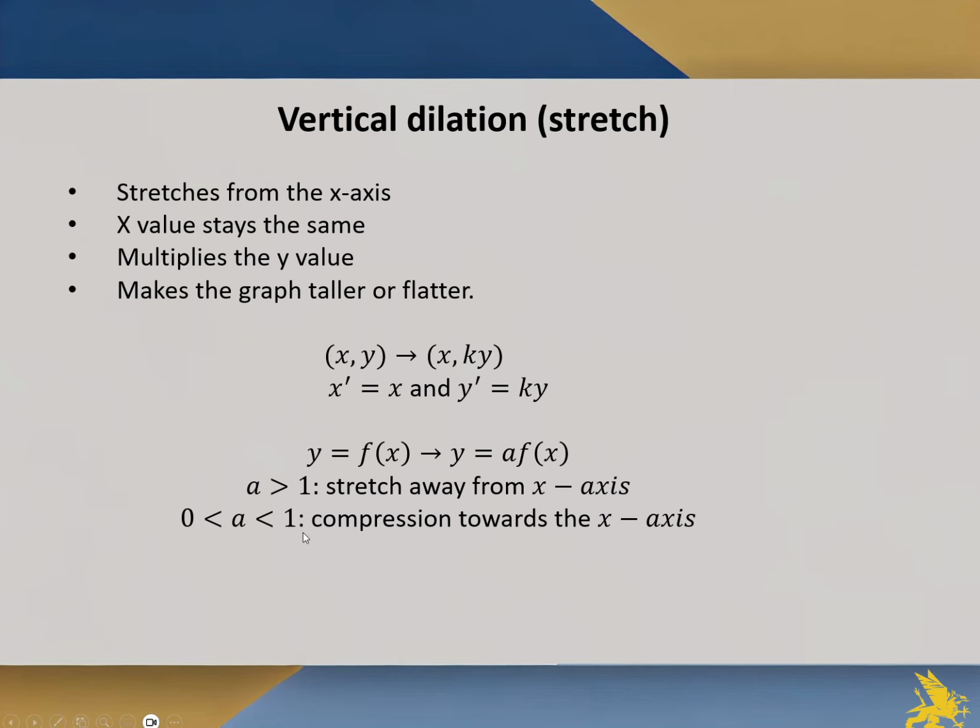Another way we can write this is having our f of x and putting an a out the front. And if that a is greater than 1, it's going to be stretching because, of course, if we times it by 2, 2 times something will be a lot bigger. If it's less than 1, it will be a decimal, which means that it is going to compress towards our x-axis.